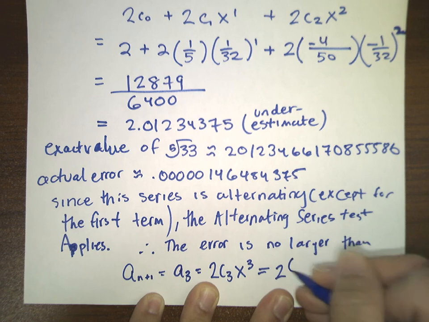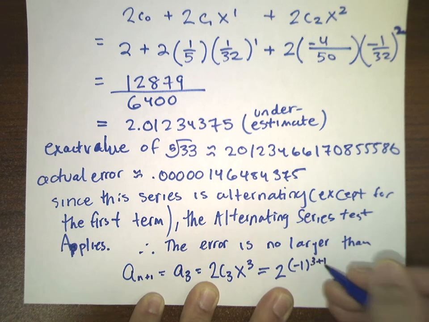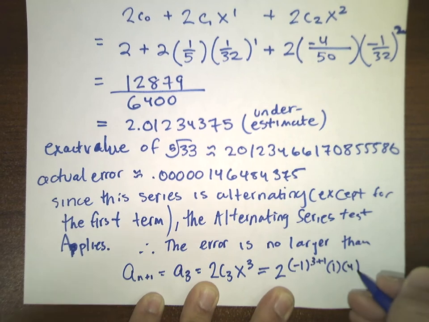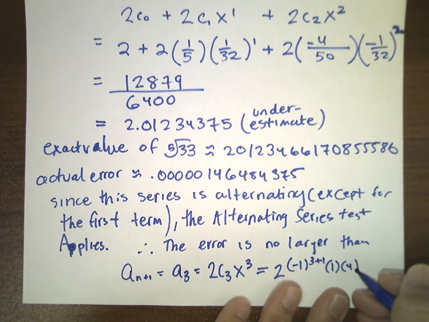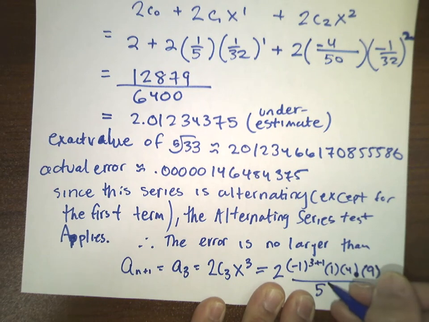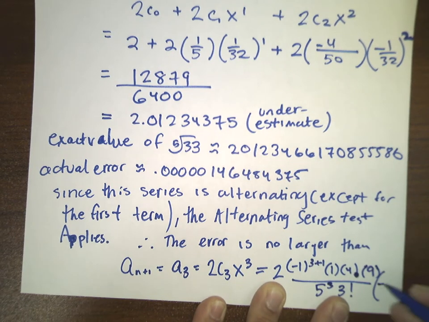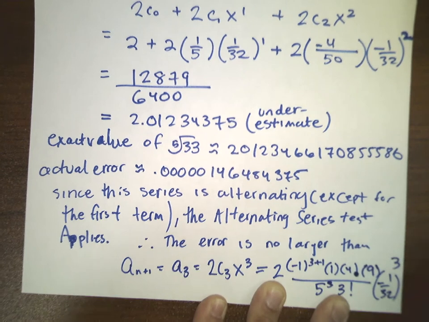What does that give me? 3 plus 1 times 4 times 9, all over 5 to the third, 3 factorial, and then 1 over 32 to the third power.